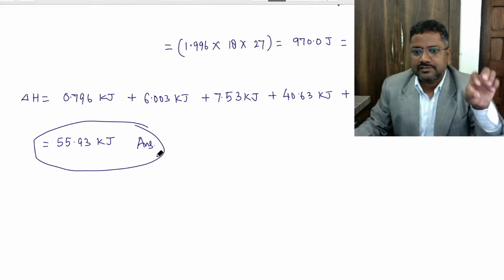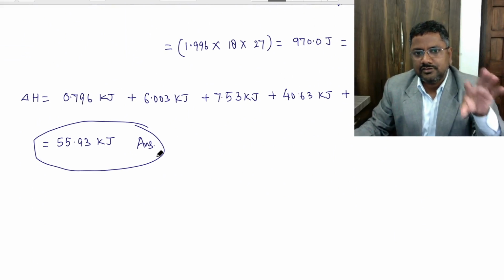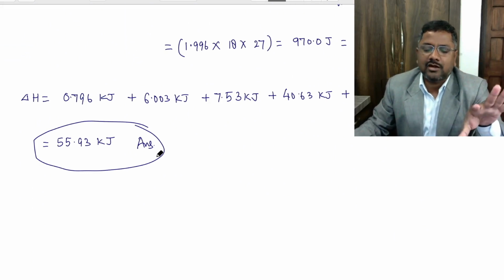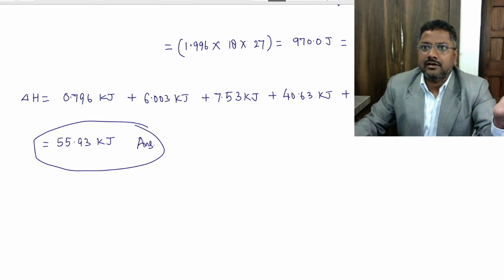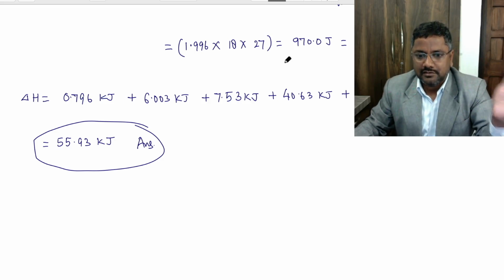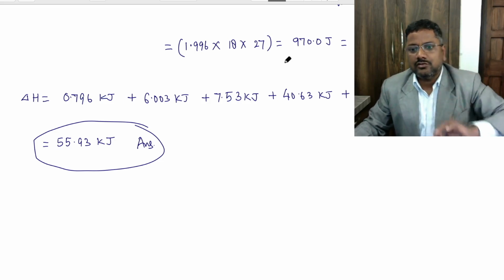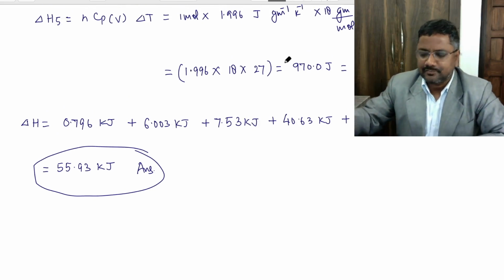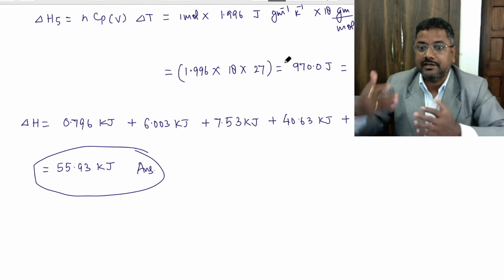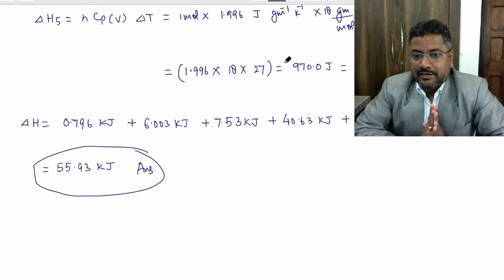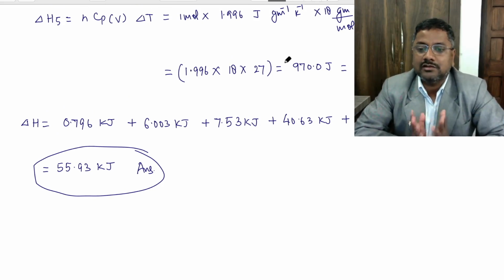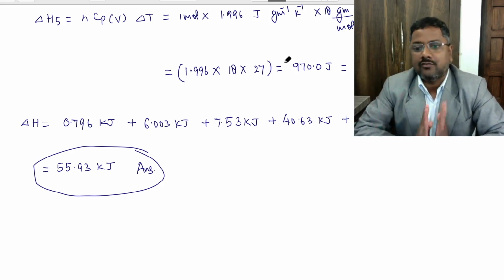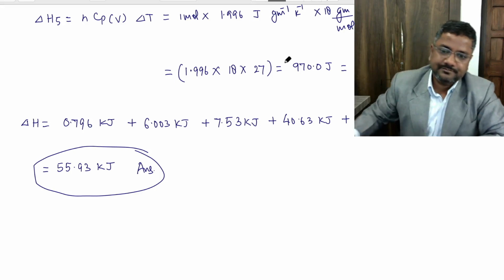So if you put this total energy to the system, then 18 gram of ice will vaporize and its final temperature is 400 Kelvin, right? Got it? So this type of questions you have to first break into thermodynamic steps, and for this you have to know what thermodynamic steps are involved in the conversion of any substance from one state to other state, right?